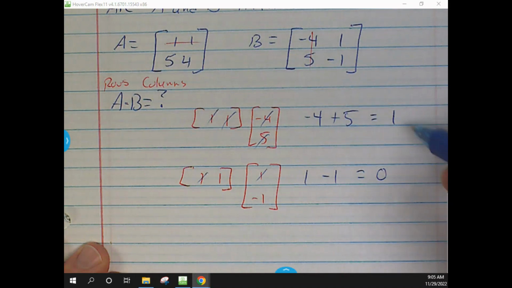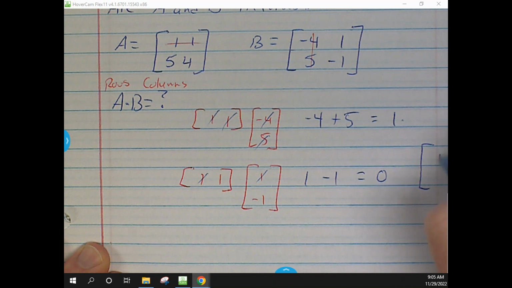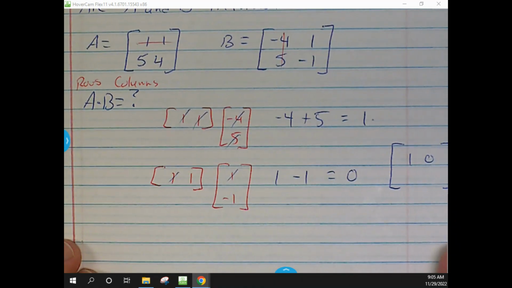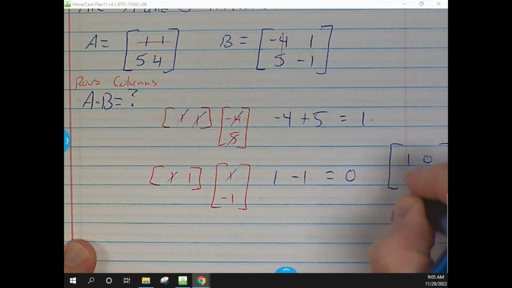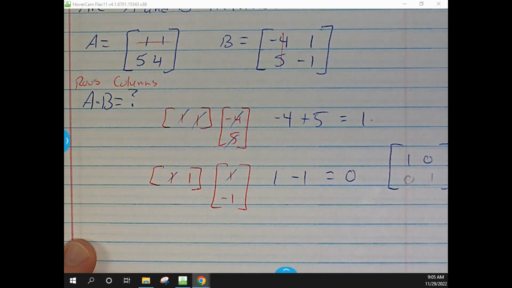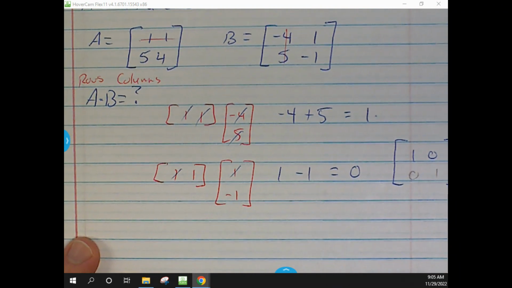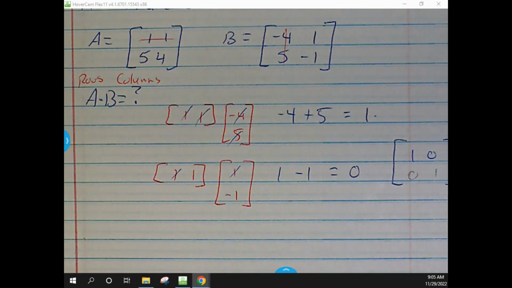First row, first number is 1, and first row, second number is 0. So far, if we're putting answers down, it'd be 1, 0, so we're good. As long as the next two answers are 0 and then 1, we're in good shape. If you ever get any of those numbers along the way that's not set up like that, then you know it's not going to be that way. Okay, so first row is done.